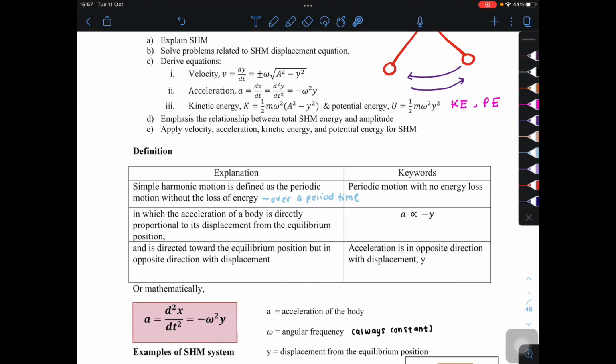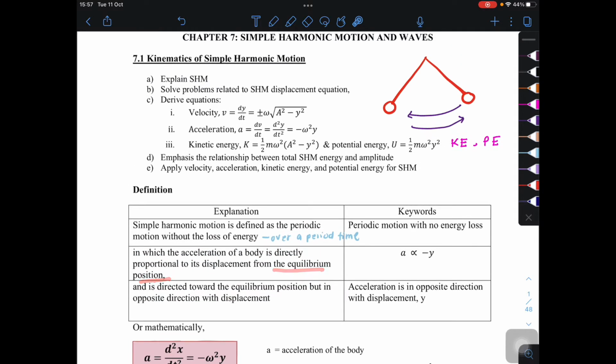Okay, so simple harmonic motion is defined as the periodic motion without the loss of energy, in which the acceleration of a body is directly proportional to its displacement from the equilibrium position. Here the equilibrium position adalah daripada tengah. This is when there is no force acting on the pendulum.